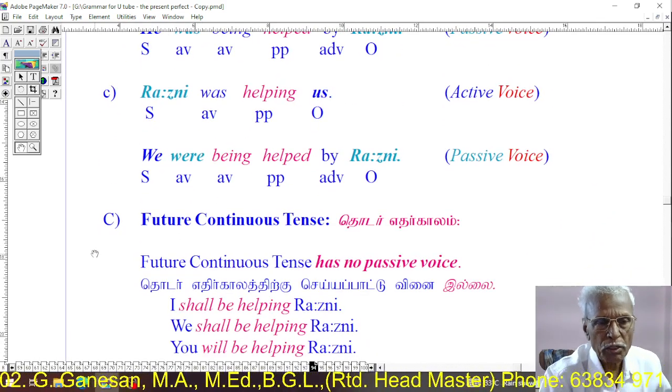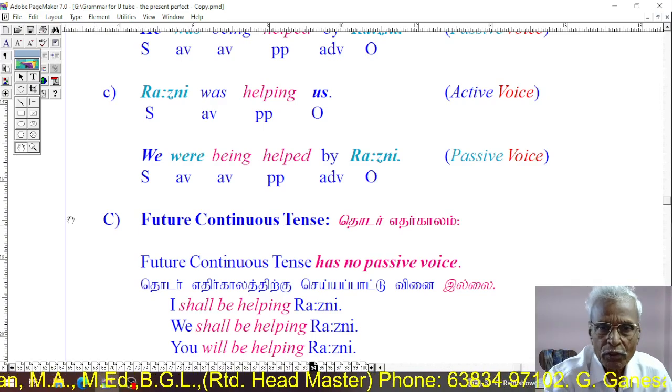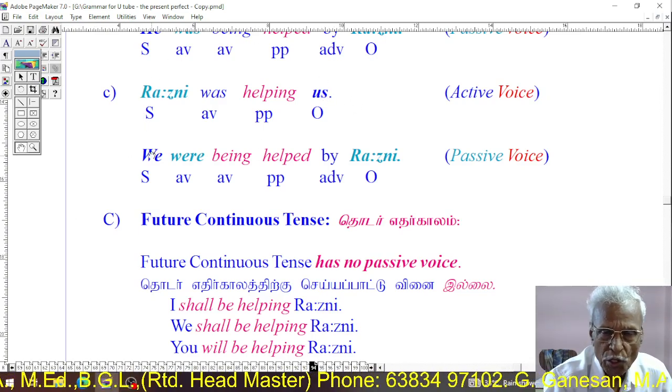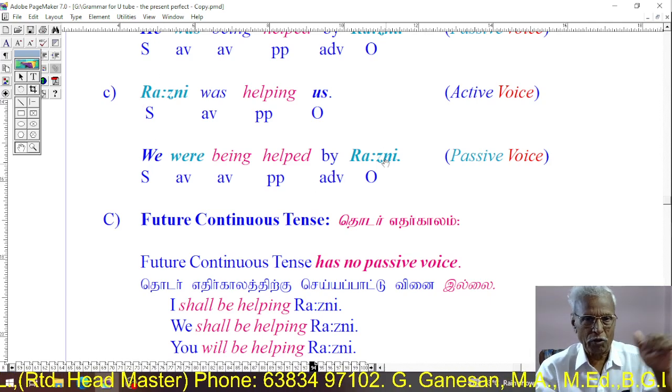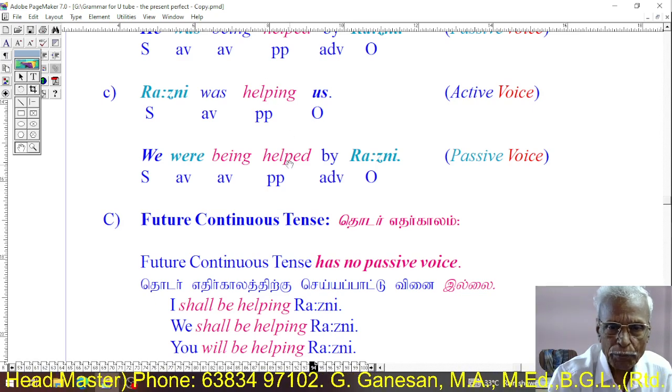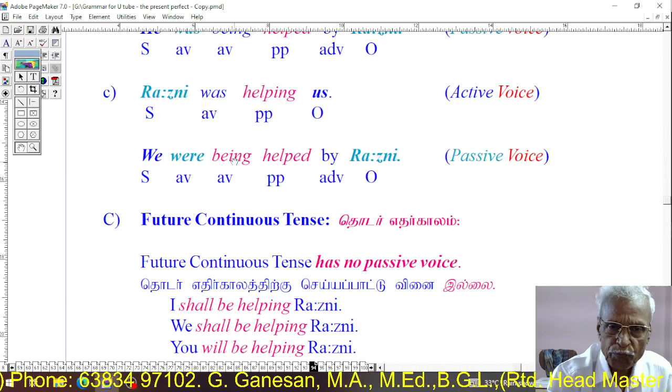Then the third example. Rani was helping us. We becomes the subject. Rani becomes by Rani. We were being helped by Rani. Helping becomes helped, the past participle. Being is placed before the past participle.